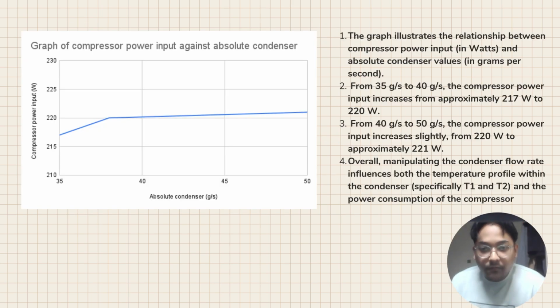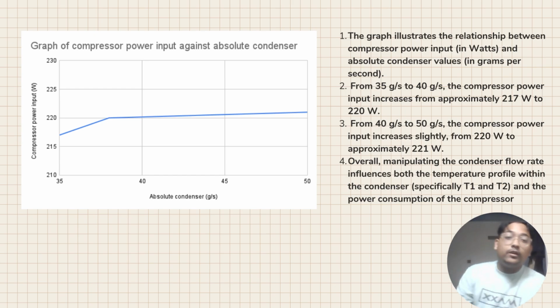Okay, for the graph of compressor power input against the absolute condenser, as you can see, the graph illustrates the relationship between compressor power input in watts and absolute condenser values in grams per second. From 35 gram per second to 40 gram per second, the compressor power input increases from approximately 217 watt to 220 watt.